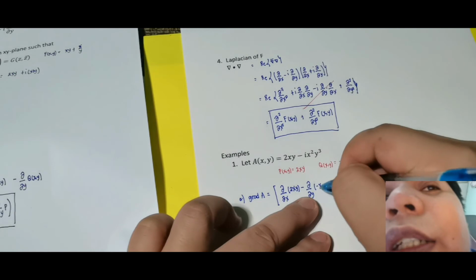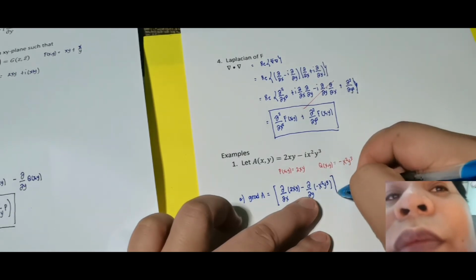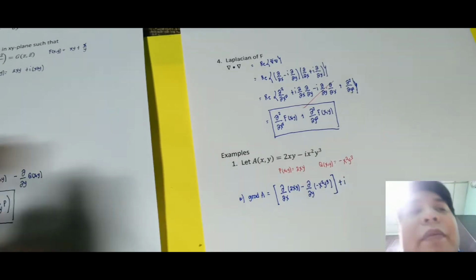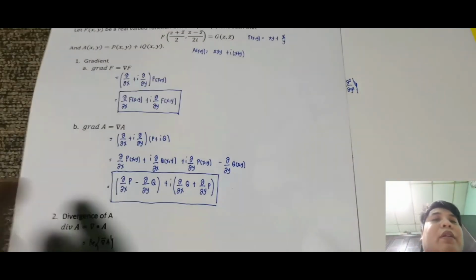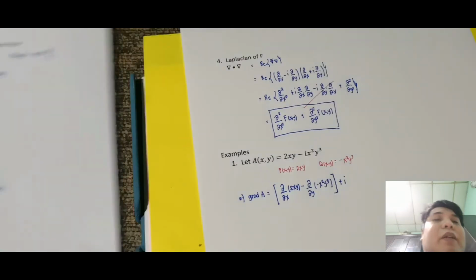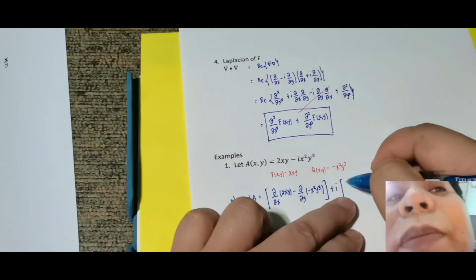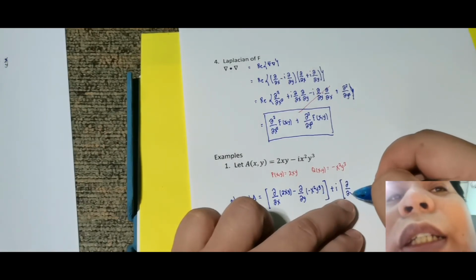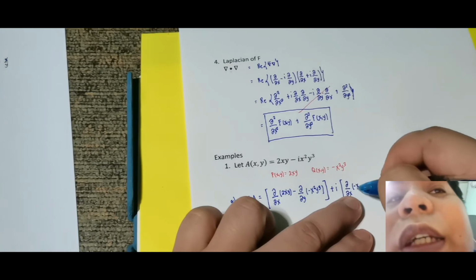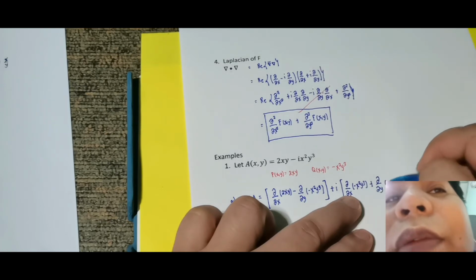That is negative x squared y cubed. So this is the first one. Okay, then plus i. Next is this one: partial derivative with respect to x of q, which is negative x squared y cubed, plus the partial derivative with respect to y of p, which is 2xy.